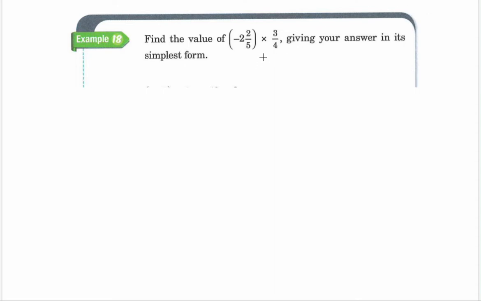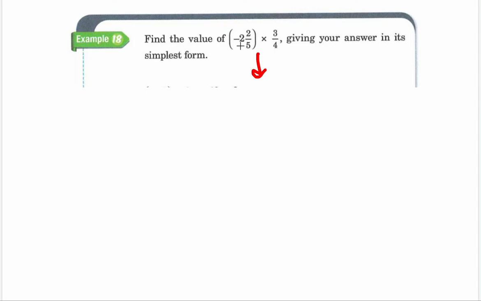All right, we have multiplication here. Don't need a common denominator for multiplication because we're just multiplying across. However, this one is a mixed number, so let's change it to an improper fraction so that we have just a numerator and a denominator, because when we have this whole number, we can't exactly multiply across.